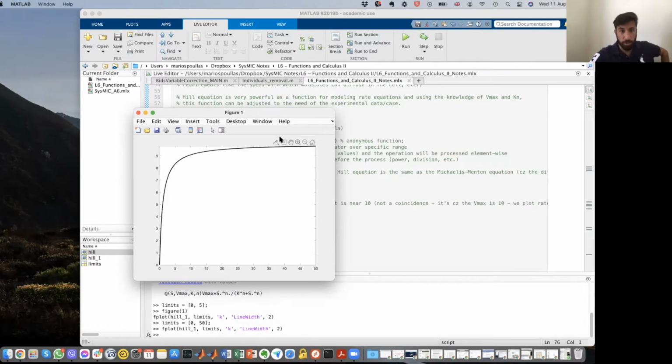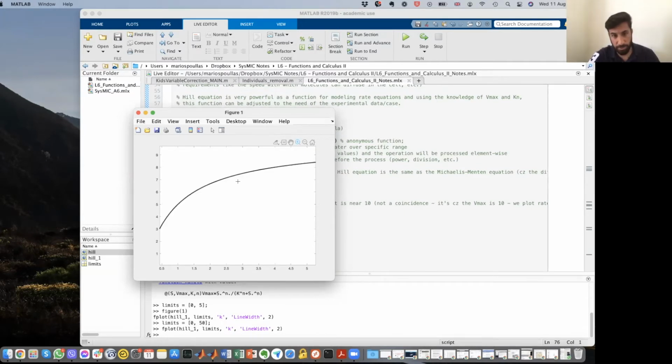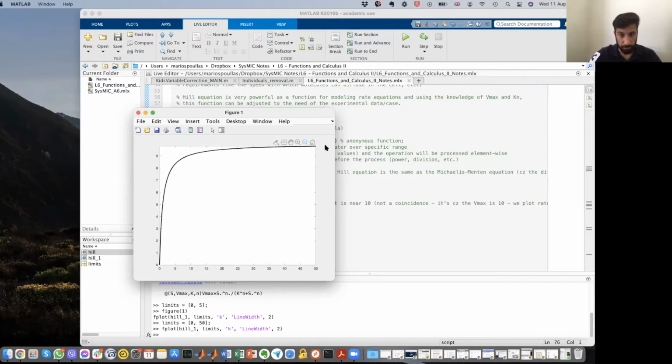That was the reason I extended it, to show you that this part should resemble the one that we had earlier. But let me get back to the limits of 50 again, so you can see that the line comes towards 10. So it reaches 10 or a bit below 10, and it stays there.